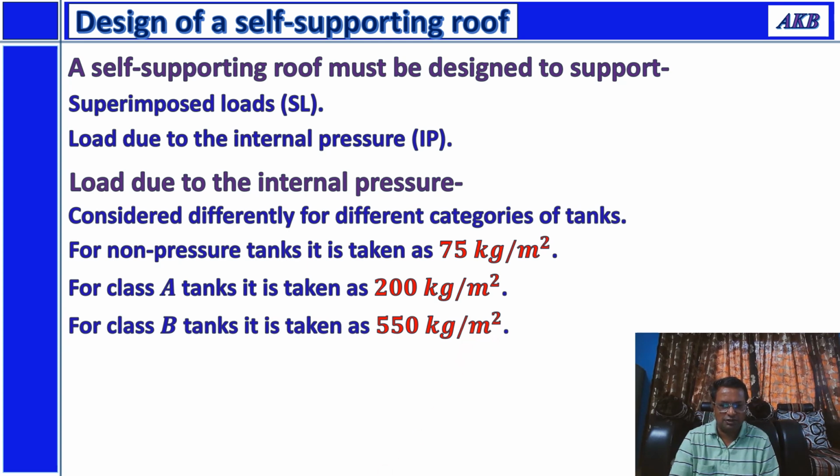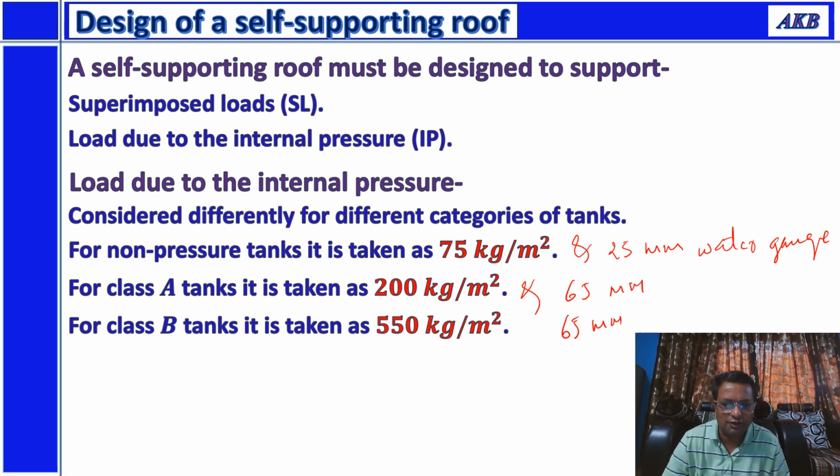And in case of vacuum, for non-pressure tank, it would be 25 mm of water gauge, and for class A tanks, it will be 65 mm of water gauge, and even for class B vessel, it would be 65 mm of water gauge vacuum.